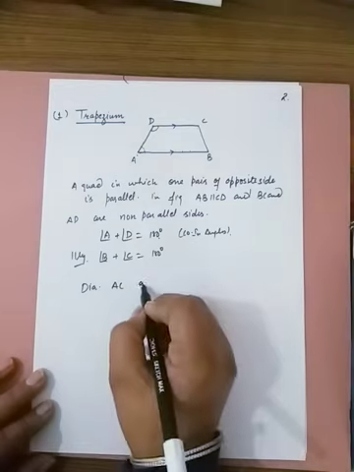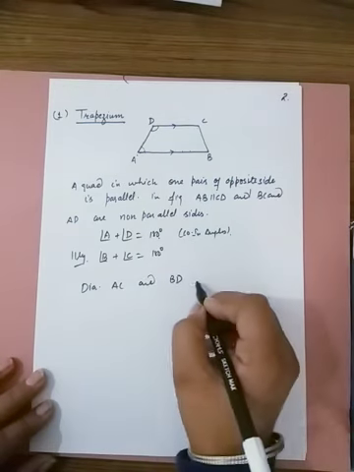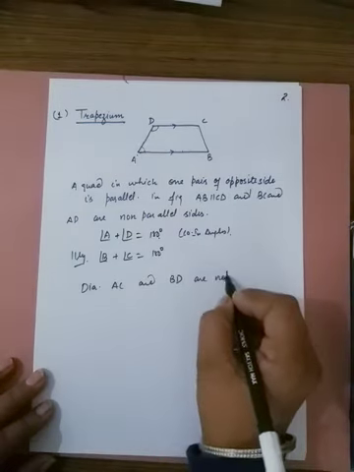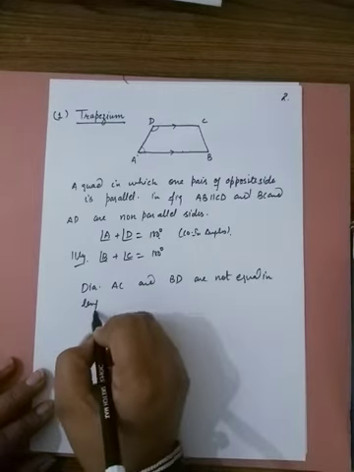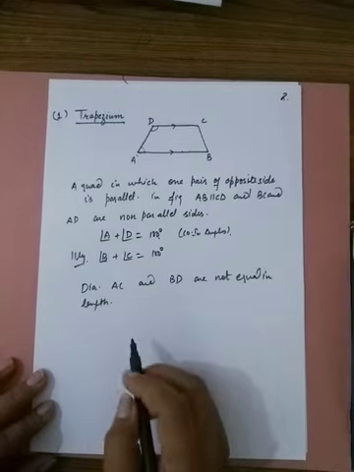Diagonals AC and BD are not equal in length.